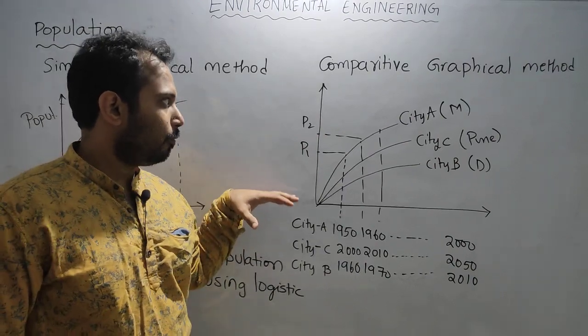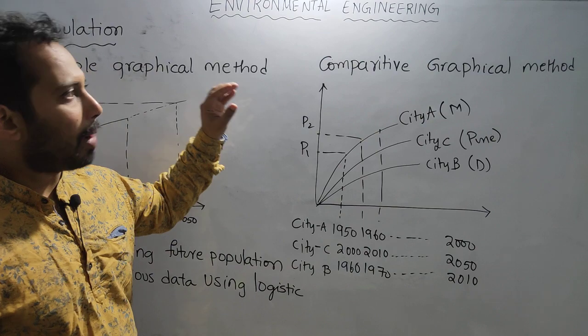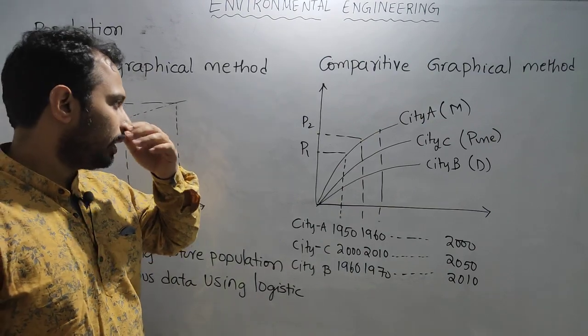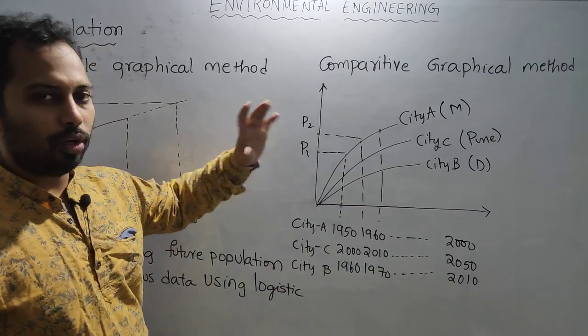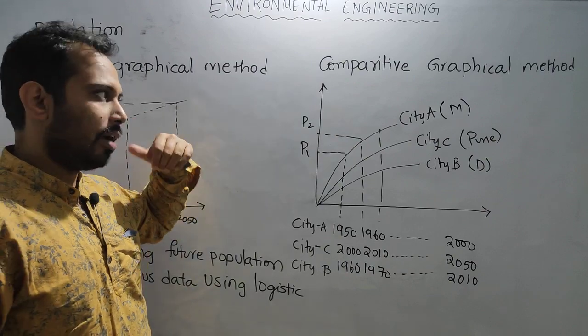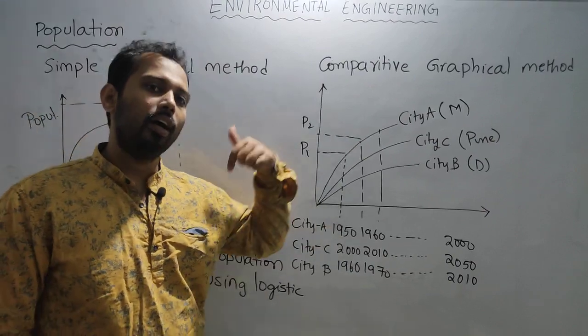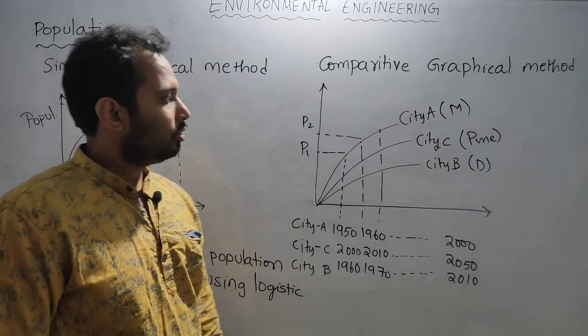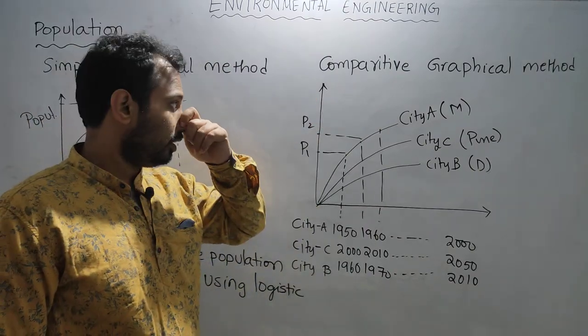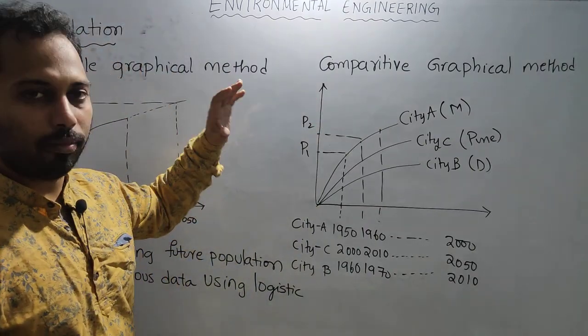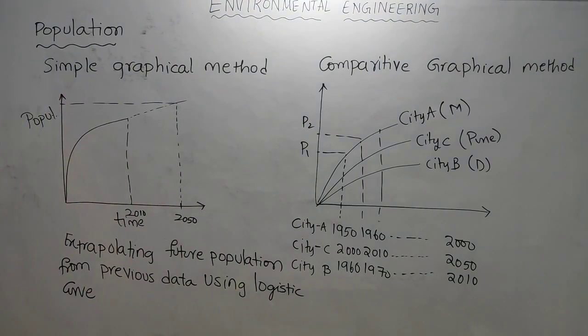We can find it using the comparative graphical method, by establishing a comparison between two different cities which have the same growth pattern in the early stages. That is why this is called the comparative graphical method.